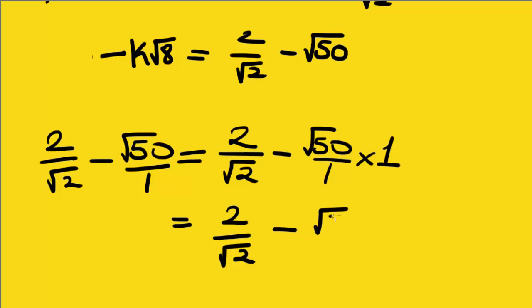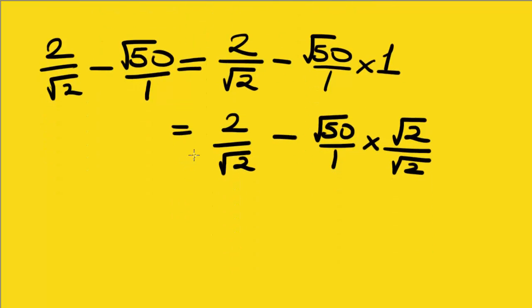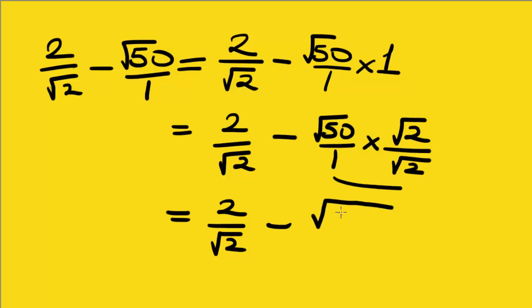Why? Because root 2 over 2 is 1, and once I do that, I have the same denominator on both sides. So you see this will be more obvious now when I simplify this expression. This gives root 50 times root 2, which is root 50 times 2. Let me just take it step by step.